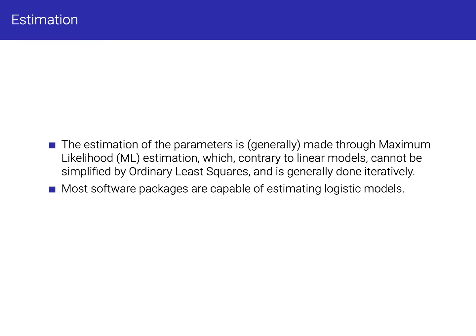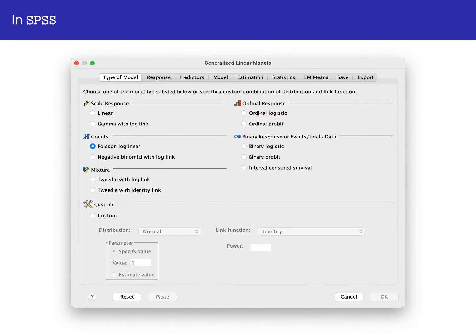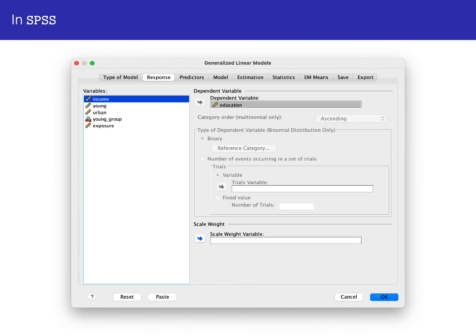Poisson models with log links are really a classic of generalized linear models, so they are very frequently included whenever generalized linear models are possible. When we are working with SPSS, for example, within the generalized linear models menu, we can directly select Poisson log linear, which will use the log as link and the Poisson distribution as a distribution. And then we provide our dependent variable.